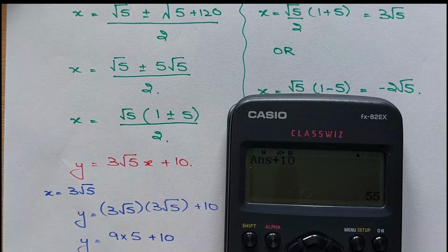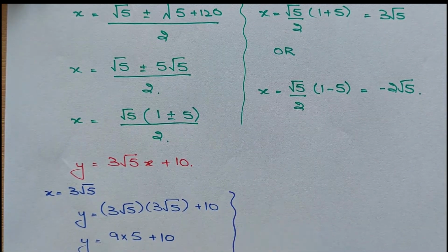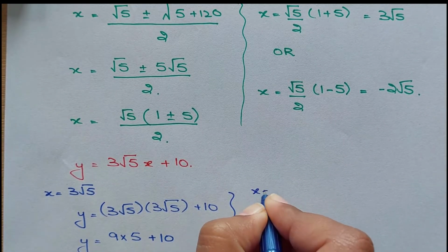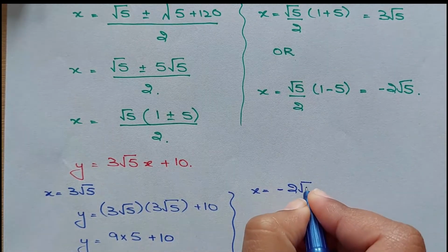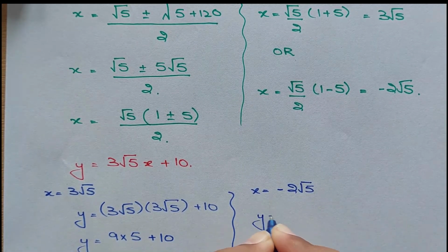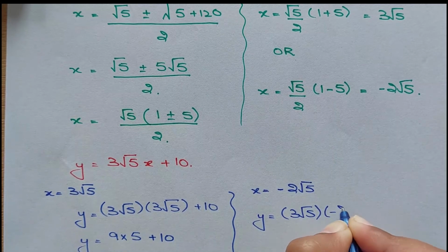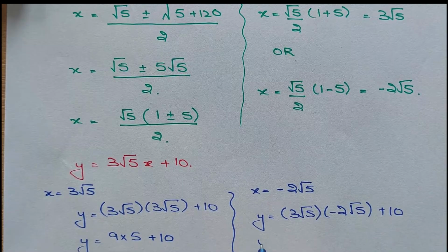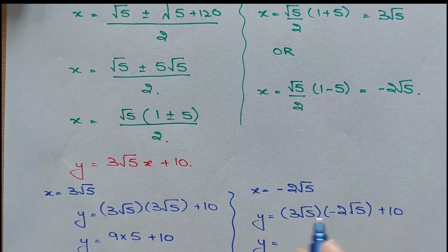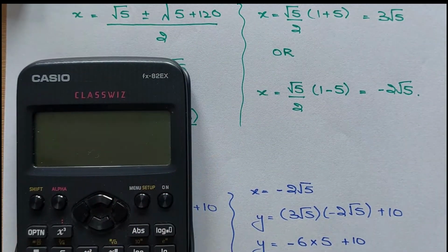9 times 5 plus 10 is 55. y is 55, right? And for the second, when x is minus 2 square root of 5, y is 3 square root of 5 times minus 2 square root of 5 plus 10. So y is going to be 3 times 2 is 6, minus 6 times 5 plus 10, right?